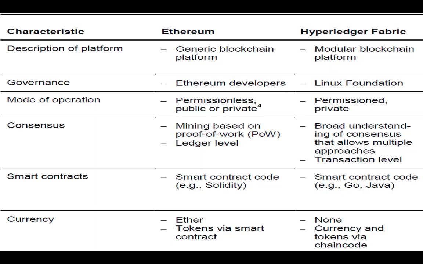So this slide basically shows you the various differences between Ethereum and Hyperledger Fabric, because this question comes up often. Ethereum also allows you to create a private blockchain that you can run as an Ethereum network administrator, which will be different from the Ethereum mainnet, but you can do that.